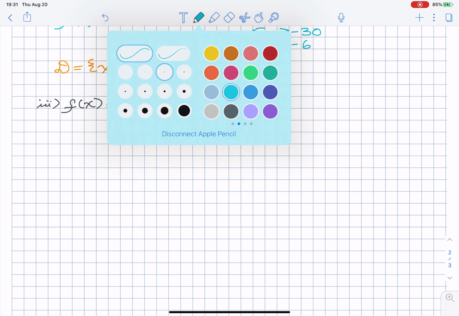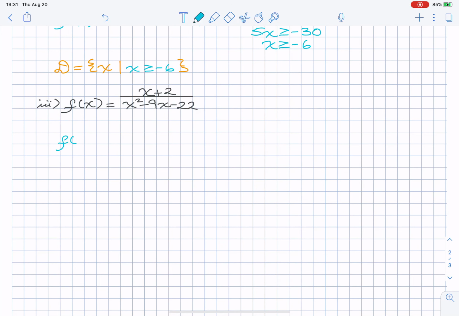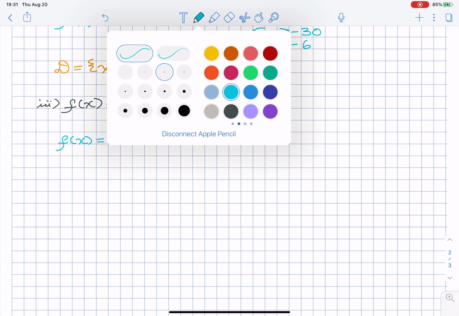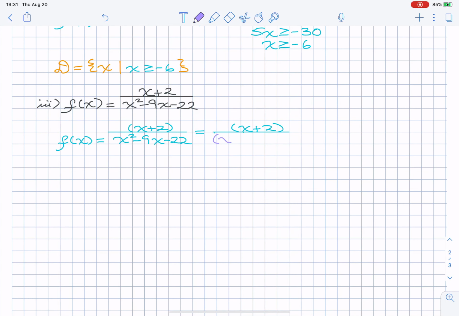Okay, so let's look at this. We have that f of x is, in the numerator, x plus 2, and in the denominator, we have x squared minus 9x minus 22. So our goal is to find in the denominator two numbers that have a product of negative 22 but have a sum of negative 9.